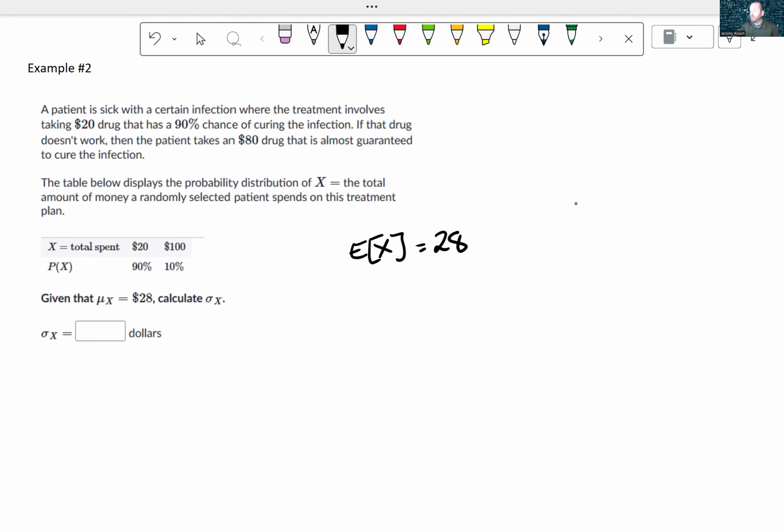So our expected value is 28. And we know that to find the standard deviation, we're just going to find the variance of X first. That's equal to the sum of our X values minus our expected value, squared, times the probability of X. And here we only have two different outcomes that can occur.